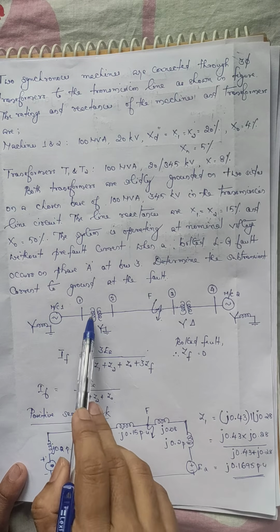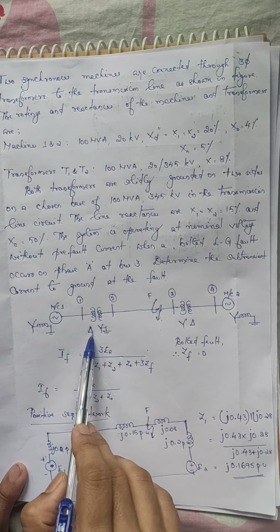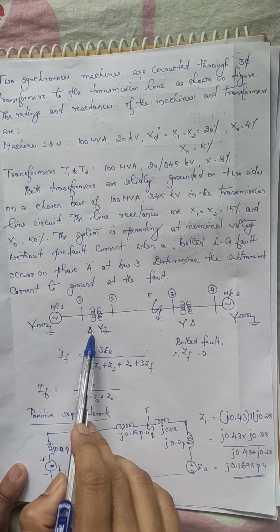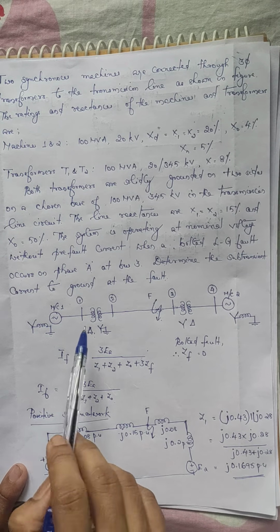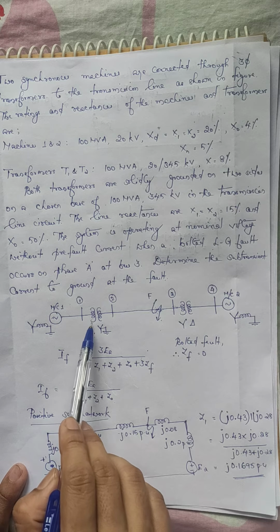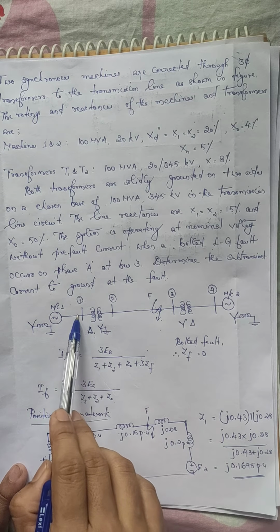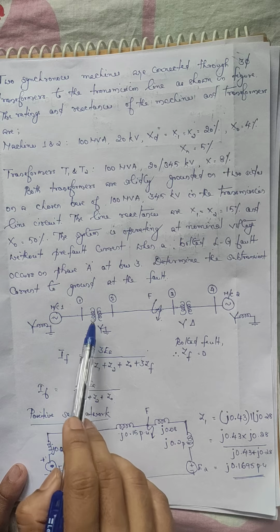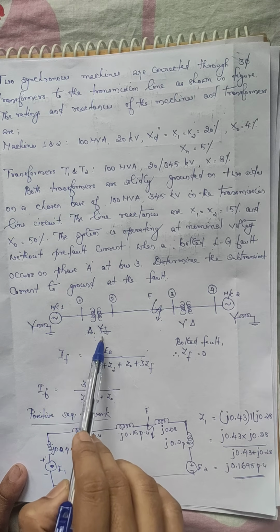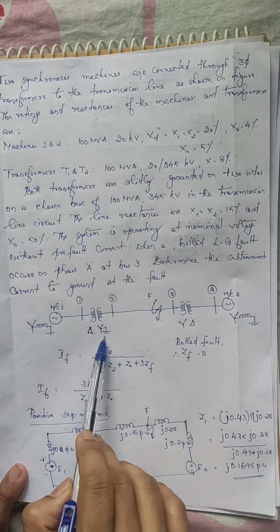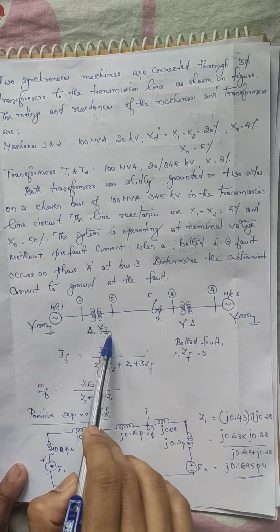If a winding is delta connected, zero sequence current can circulate in that winding but cannot flow through the line connected to it. So zero sequence current of this transformer will not flow through this line, and here the secondary is star connected and star point is grounded, so there is a path for zero sequence current to flow.